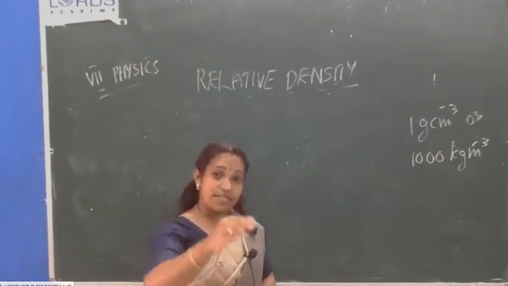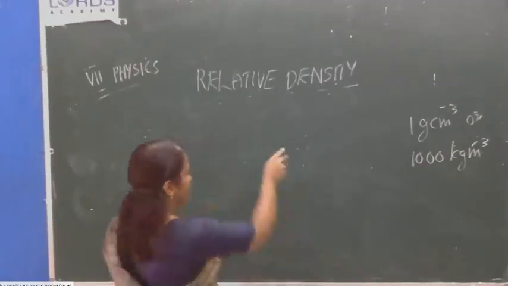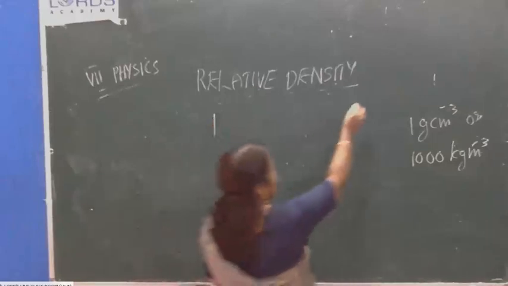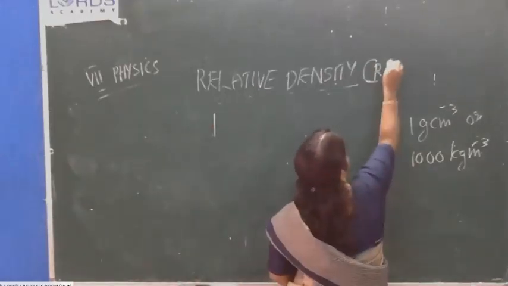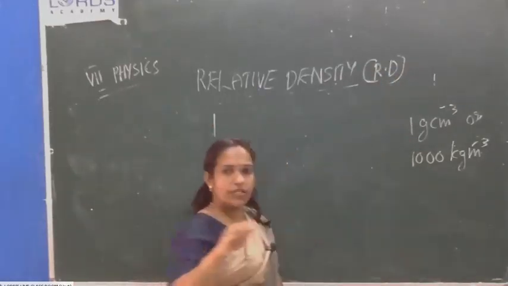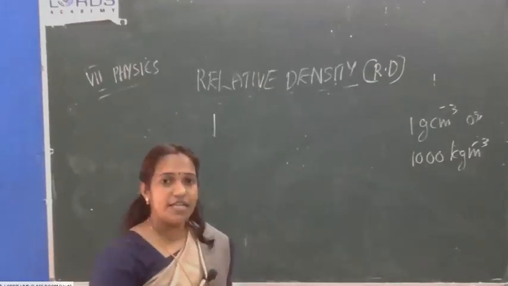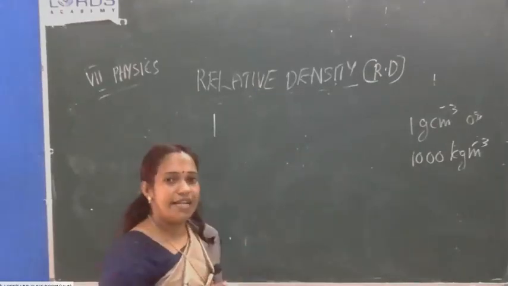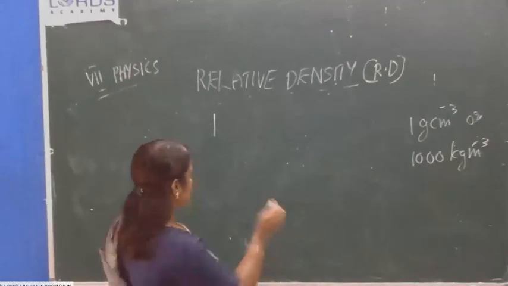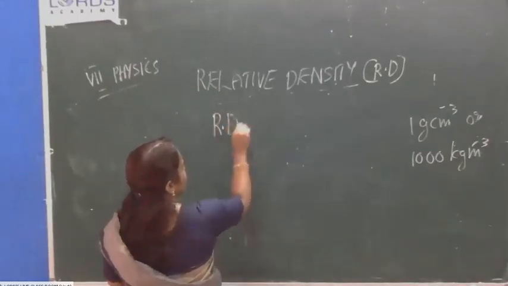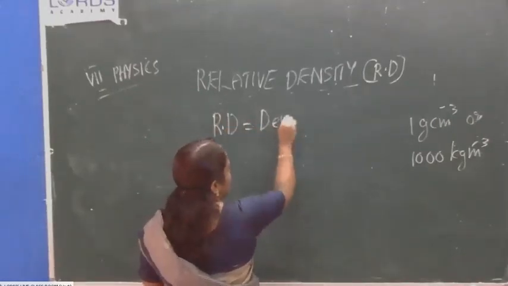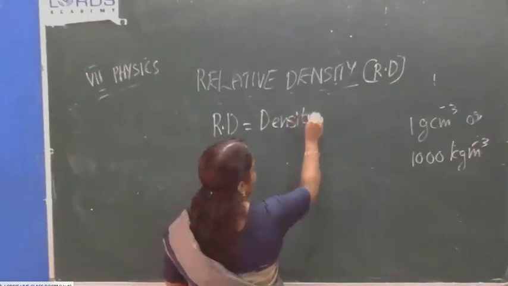Relative density is the ratio of. Very, very important. Sometimes we use the short form capital RD. So in the question paper, if you see this RD, you have to know it is relative density. One equation I told you, we are comparing the densities of two substances.